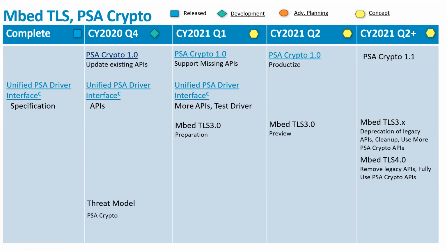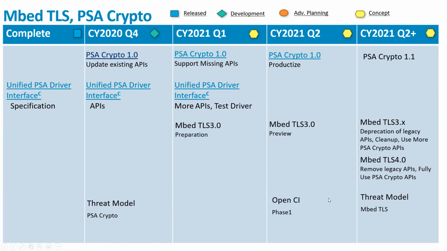So it's quite important for such a security project to be quite explicit about the threats that it intends to mitigate. So we hope to have threat models for the crypto part by end of this year. And then the Mbed TLS threat model, I'm showing it tentatively a bit later on in 2021, because if we were to focus on things like Mbed TLS, that might be in the full-fledged threat model, we'll have to wait a bit.